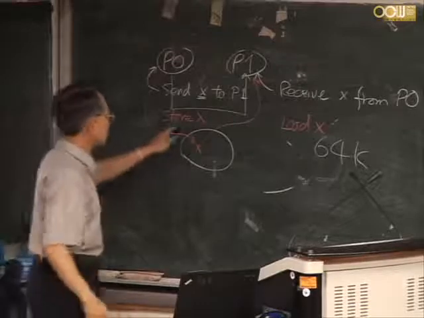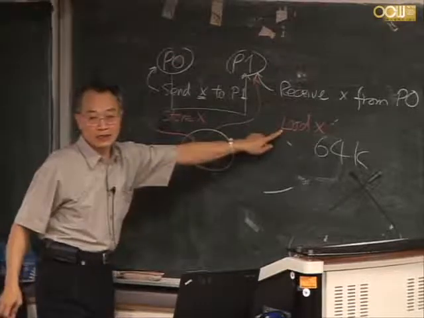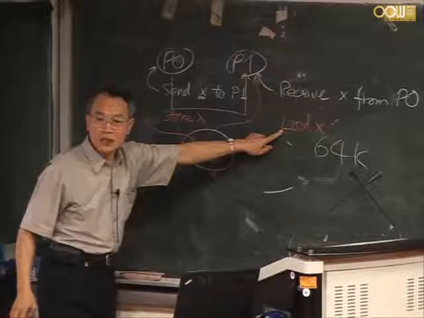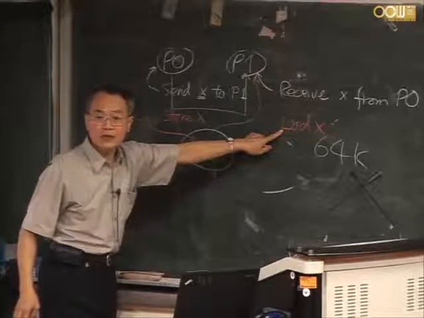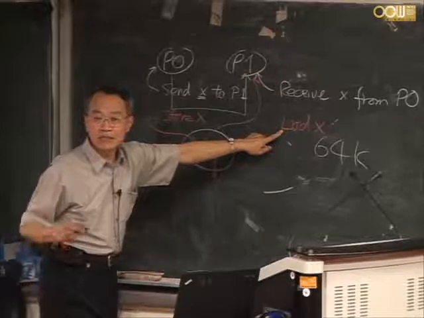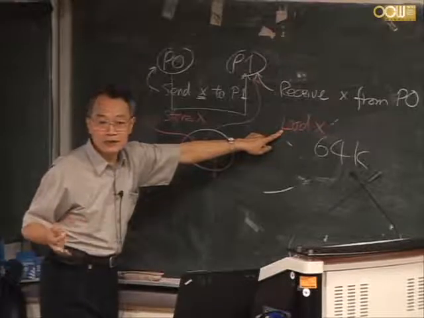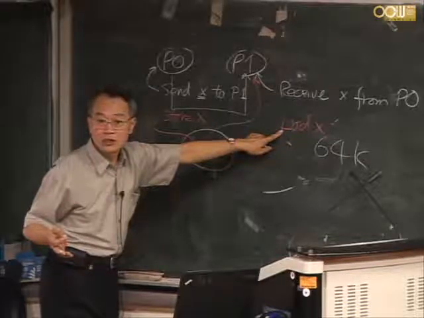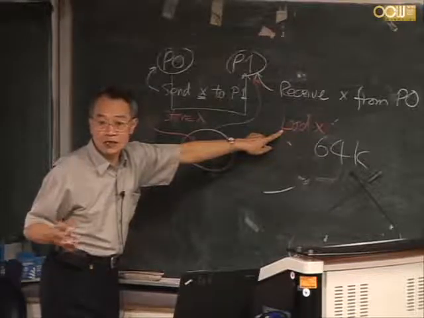First, this statement should be executed before this one does. But how do they know the time reference? How do they use the same time references? So there must be some kind of semaphore to achieve this goal.